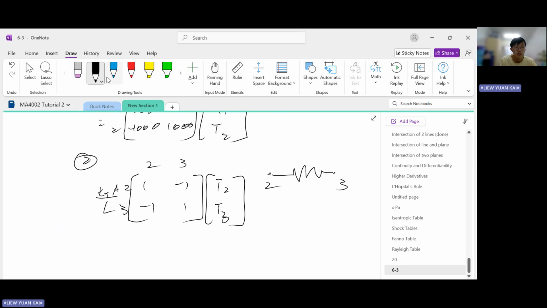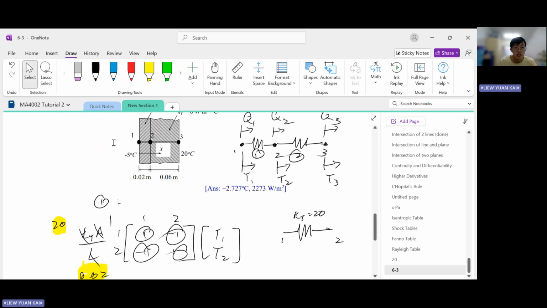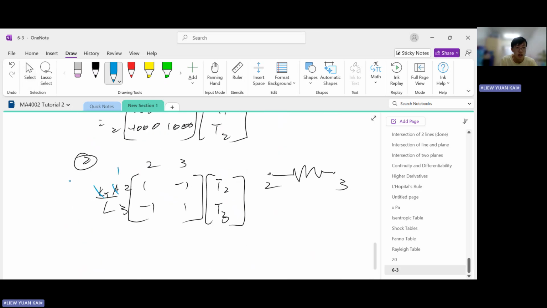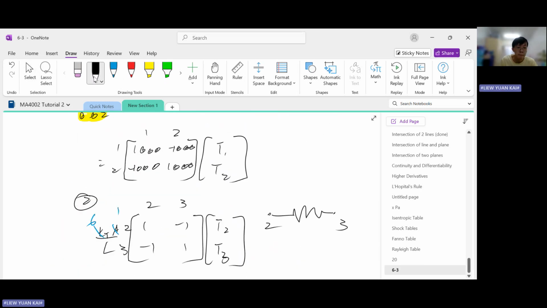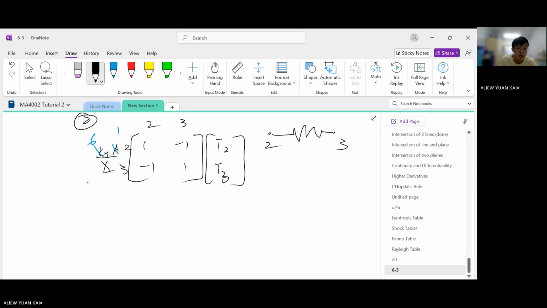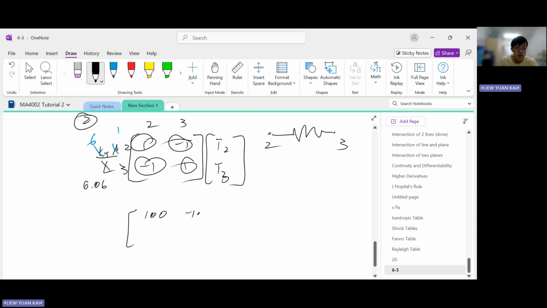Now you substitute whatever they have. A is 1, KT here is 6, and the thickness of the wall L is 0.06. So 6 divided by 0.06 is actually 100. So you can multiply that 100 into each of these entries. It'll give you 100, -100, -100, 100.